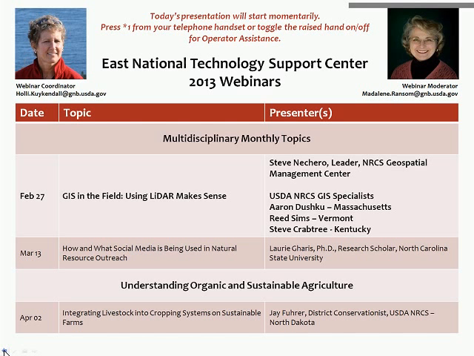This is Reed Sims. I got a question directly from Melissa Allen that I'd like to answer for her as well. The question is, which layers would provide the most use to a beginning user? Bare earth slope, bare earth aspect, and bare earth hillshade? Should we download the elevation data set? Melissa, it probably depends, as Steve Nechero said, on the uses you might want to make of it.